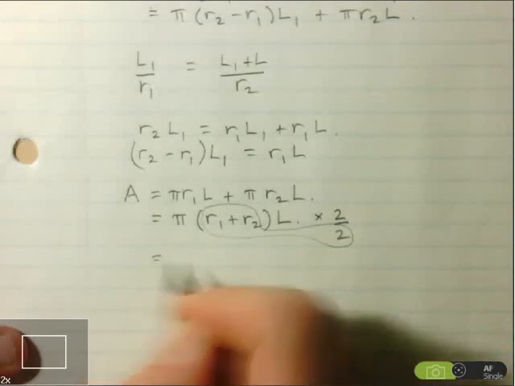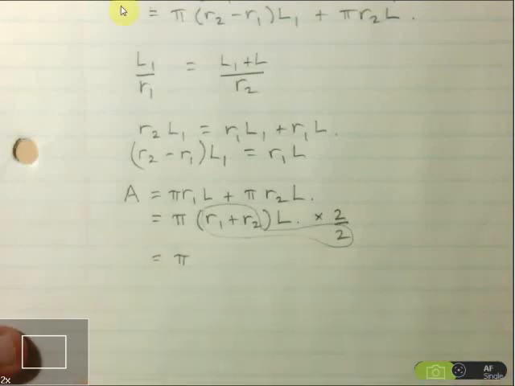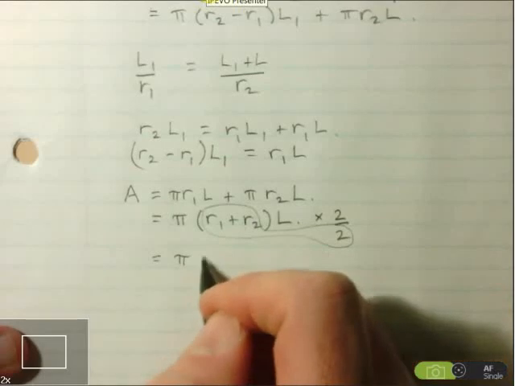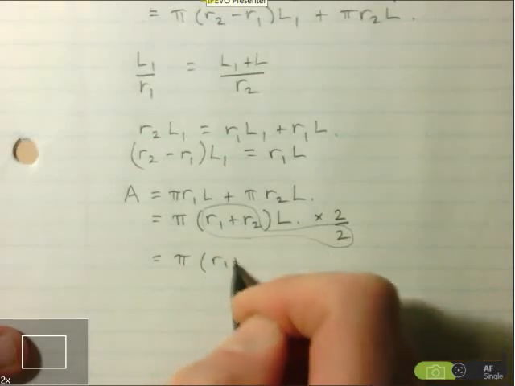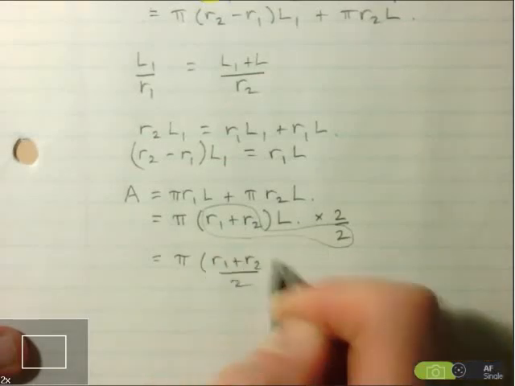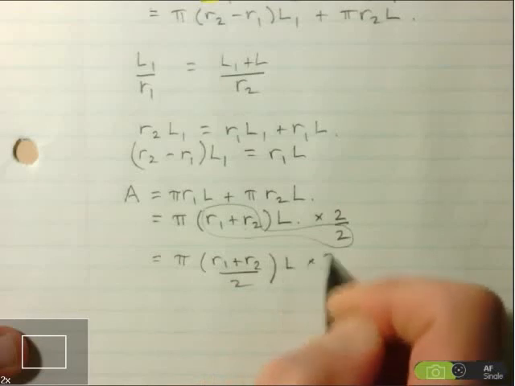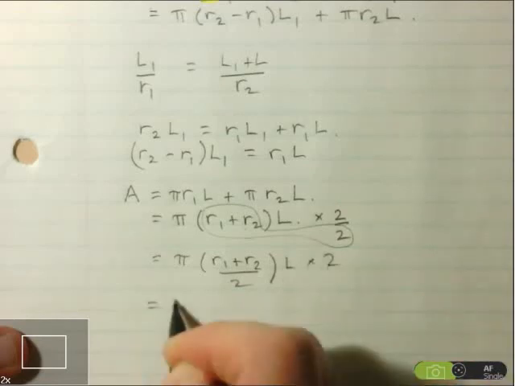So I'm going to rewrite that as pi times R1 plus R2 over 2 times L times 2, and we're going to bring that 2 to the front.